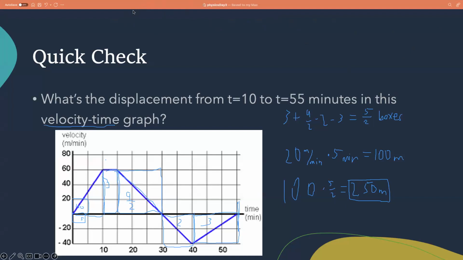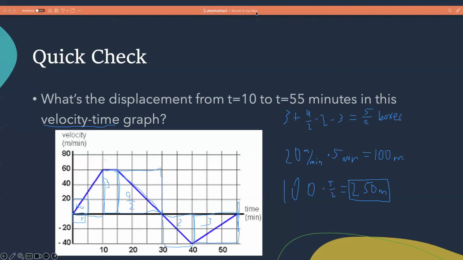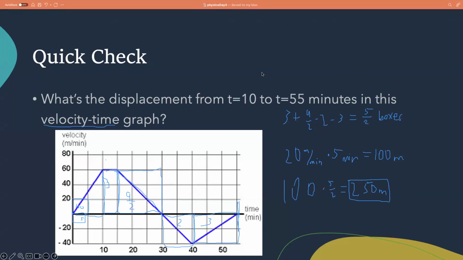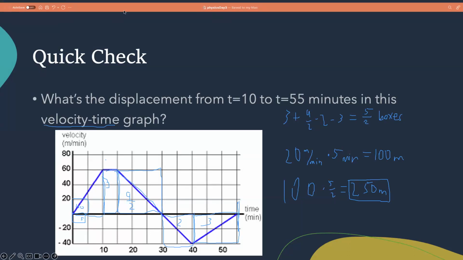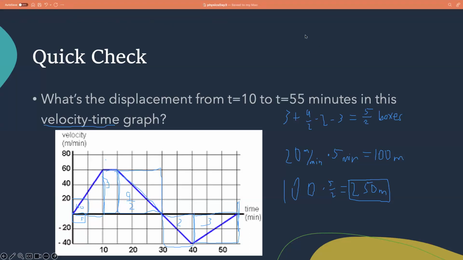Looks like people kind of struggle, so if anyone needs me to explain anything, please just let me know. Doesn't look like anyone actually wants to say anything, so we'll just move on.